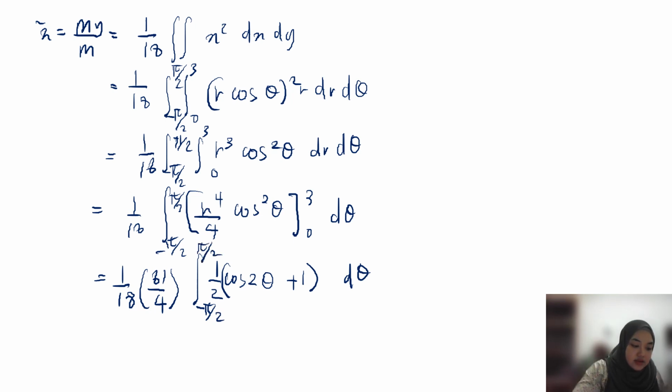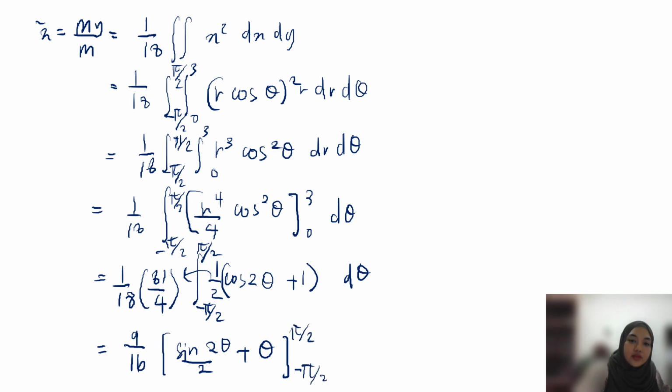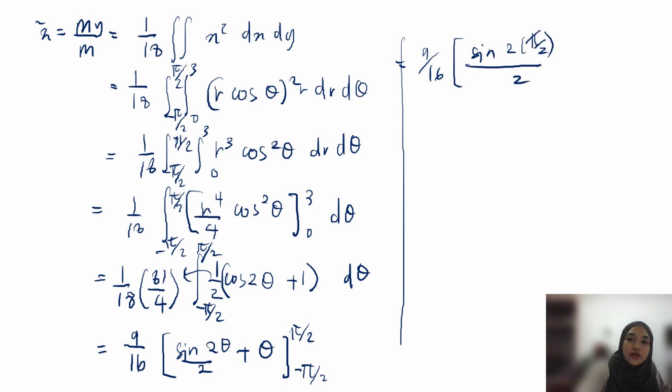Okay, it is easier. As you simplify, you bring forward 1 over 2, and you get 9 over 16. Then integrate this one, you will get sine 2 theta over 2 plus theta, from negative pi over 2 until pi over 2. We substitute the value: 9 over 16 times sine 2 theta, you substitute pi over 2, plus pi over 2.